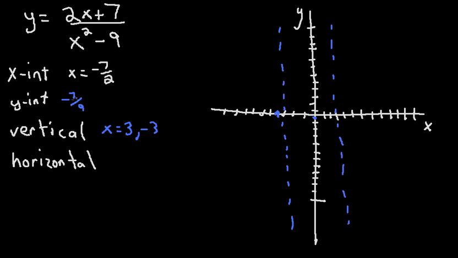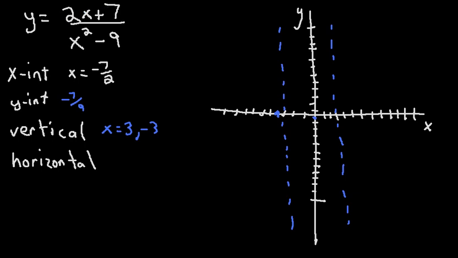Horizontal asymptote. For this one, remember the rules. If your numerator exponent is smaller than the denominator's, your horizontal asymptote is 0. If it's the same, then you take the leading coefficients and divide those, and that value is your horizontal asymptote.